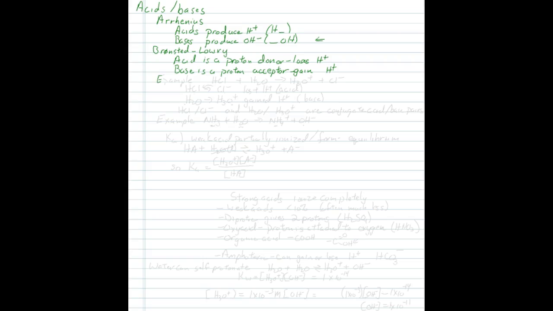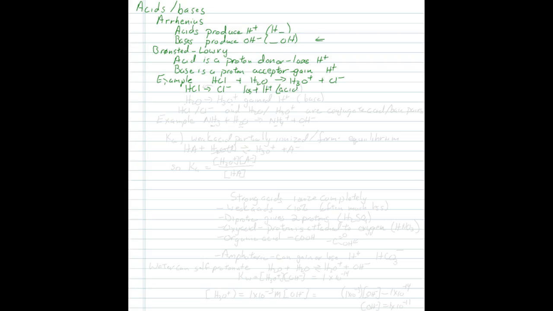Here's an example. If you have HCl mixed with water, you produce the hydronium ion plus chloride ions. Since the HCl goes to Cl minus, it has lost an H and become more negative, so it has lost an H plus.